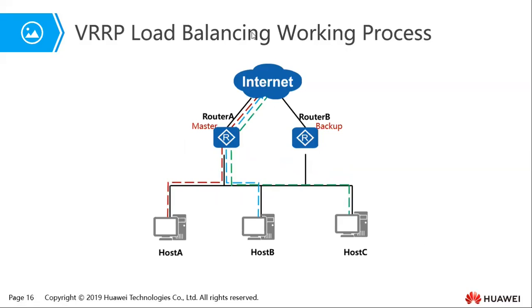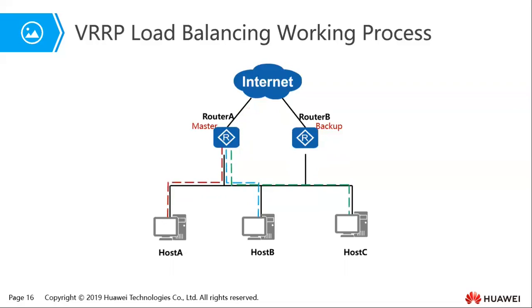Now, other than the active standby mode, VRRP can also be implemented in what we call the load balancing mode. So how is this performed? As you can see from this animation here, all hosts are going to forward traffic via the master.